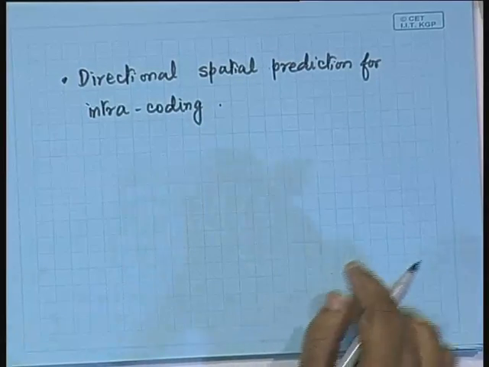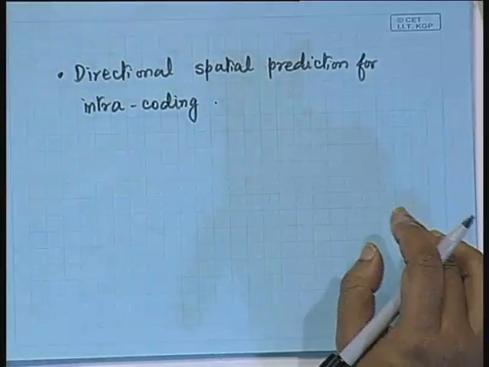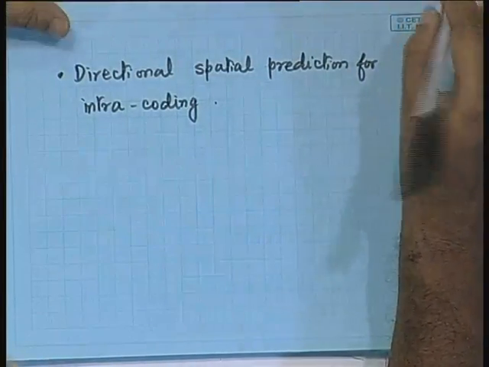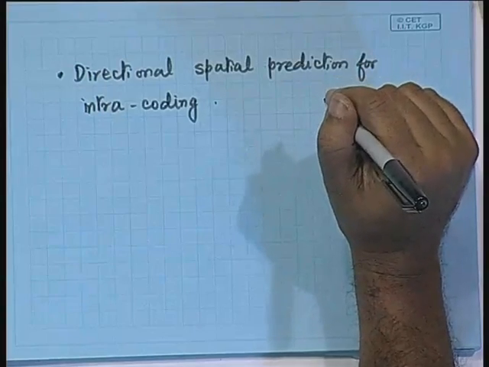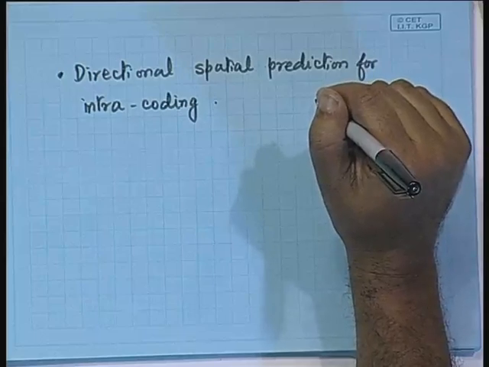What we mean by directional spatial prediction for intracoding is this. In the intra-coded blocks or intra-coded macroblocks, no prediction is employed; no past reference can be used for the intra blocks or intra macroblocks.